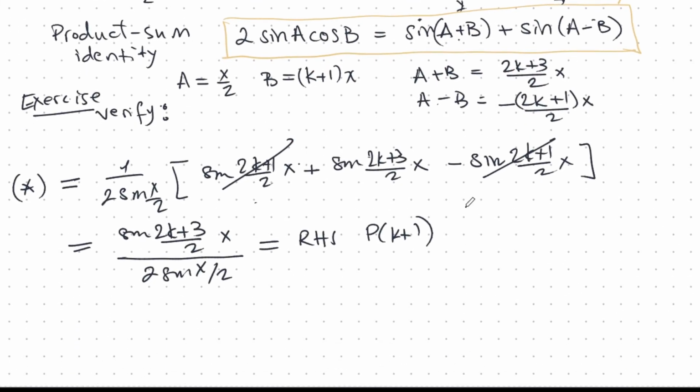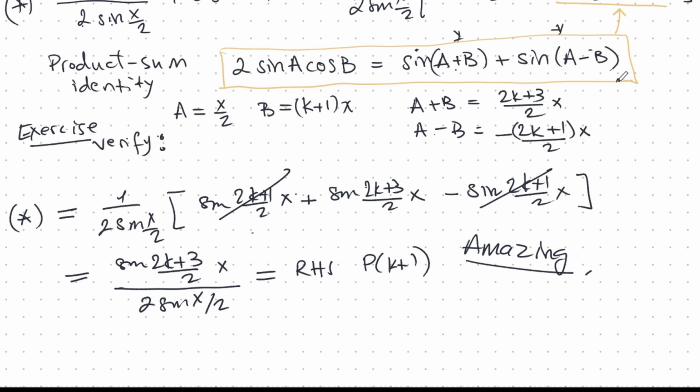It's totally amazing, because this has got to be the most amazing use I've ever found for the product-sum identity. And in the base case, we had the most amazing example of the sum-product identity. So step A of the induction and step B of the induction are proved.